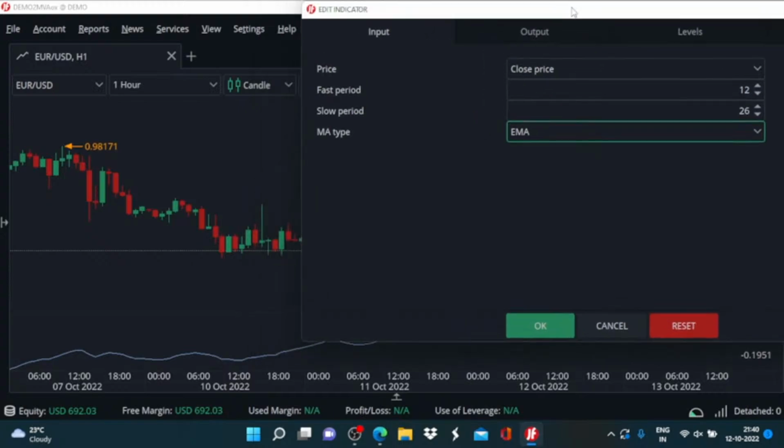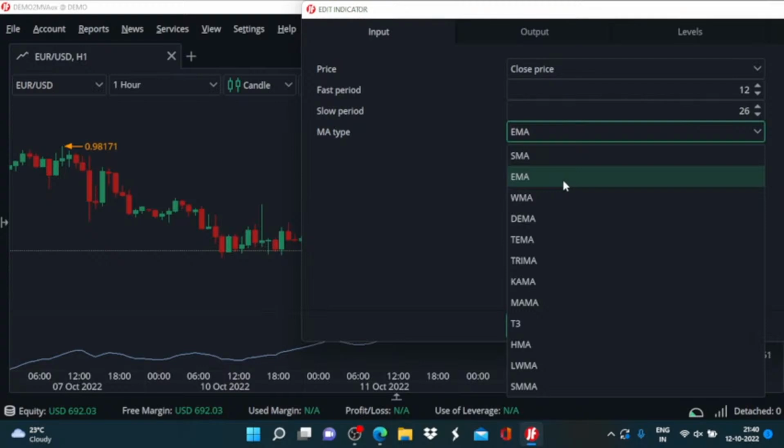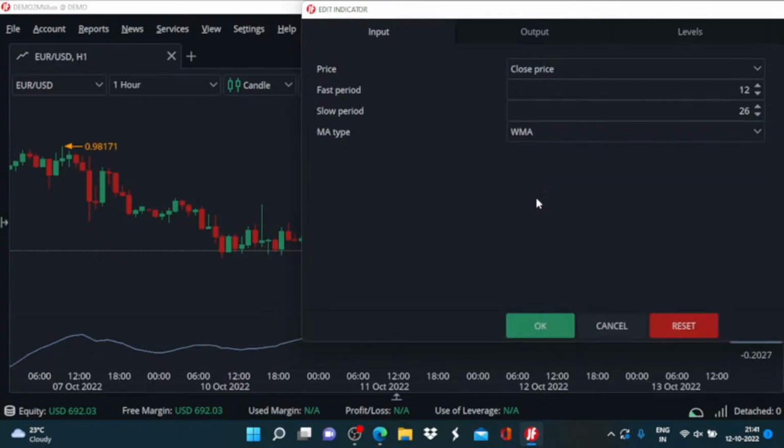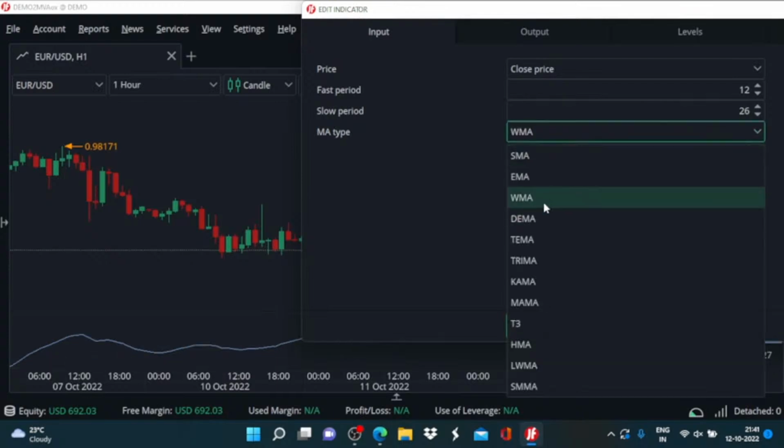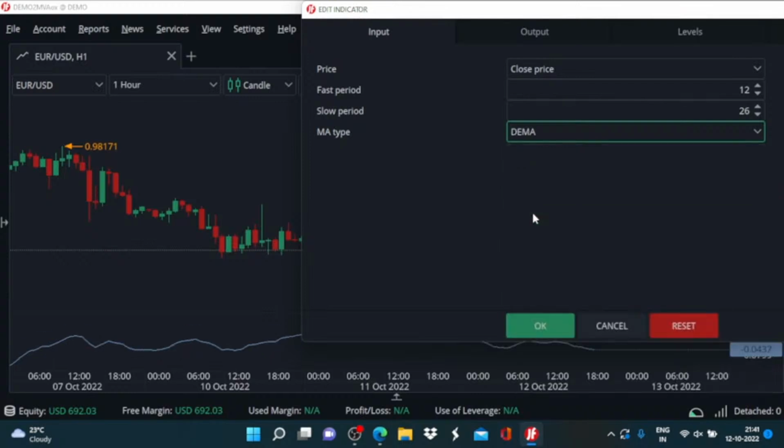So here we get this output which is looking a lot more different when we are using EMA as our applied moving average for the calculation of this indicator. When we use WMA, again we will see very different output for the indicator.